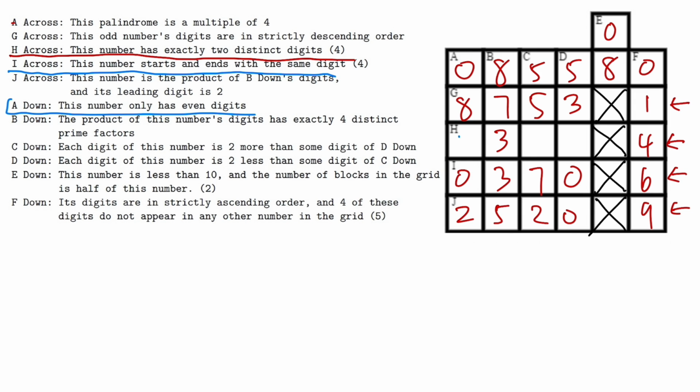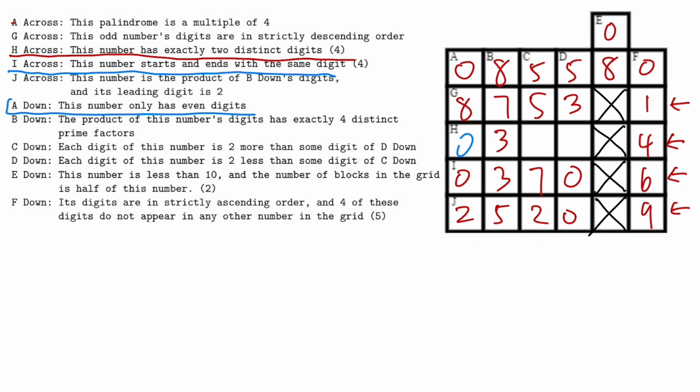So now, what should we fill in right here? Can we fill in this with 8? The answer is no. Because if I put down the 8 right there, that means either this right here is 8 or that right here is 8. But again, that will contradict with the 2 more, 2 less than, right? So not that. Can I put a 0 here?